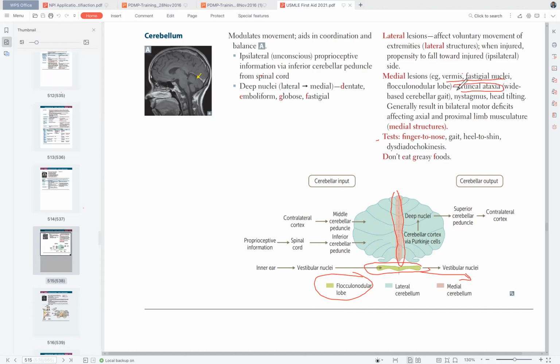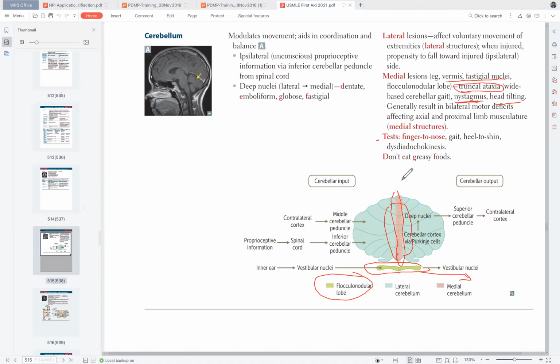They have to do with the trunk. So wide truncal ataxia, nystagmus and head tilting. So some of the deep nuclei here, plus the vermis, they are for the truncal ataxia.